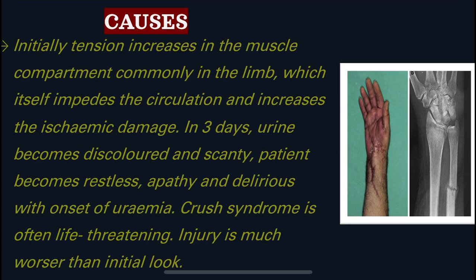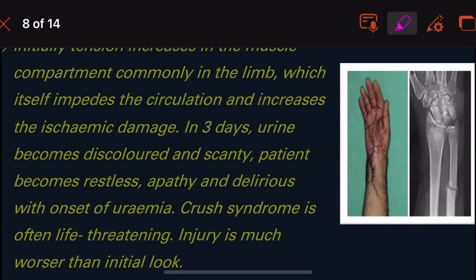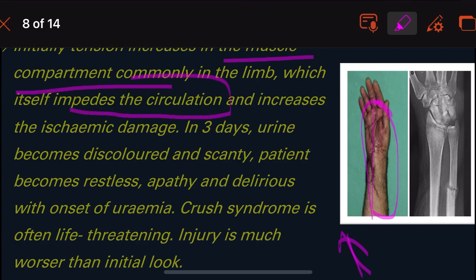Commonly the crush injuries will be in the lower limbs, which itself will impede the circulation and increase the ischemic damage. So you can see here what happens to the muscle. The tension in the muscle is increasing. As the tension in the muscle compartment increases, it will impede the circulation. It is interfering with the circulation, so the blood supply is not sufficient, reduced blood supply, leading to the ischemic damage of that particular part.